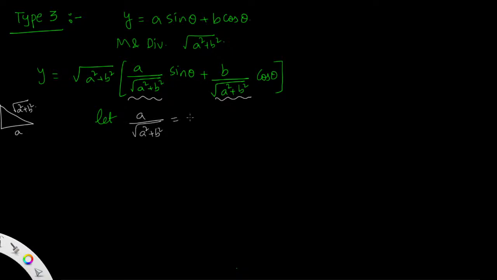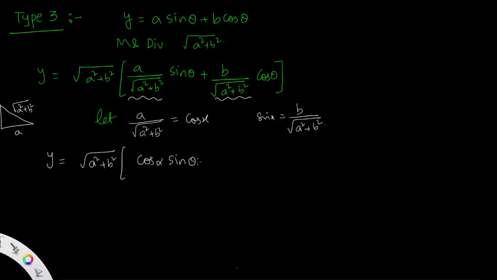Let us take the value as cos x, and sin x equal to b by root of a square plus b square. Therefore y is equal to root of a square plus b square into cos x into sin theta plus sin x into cos theta.